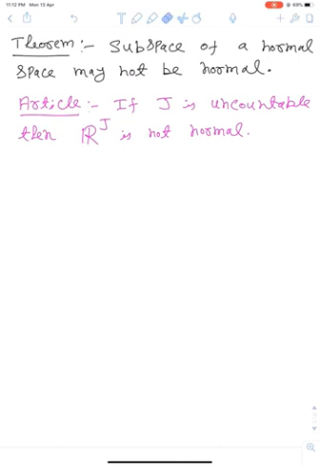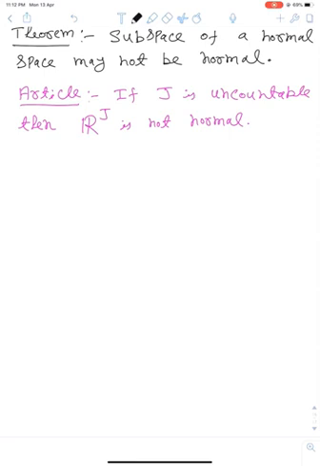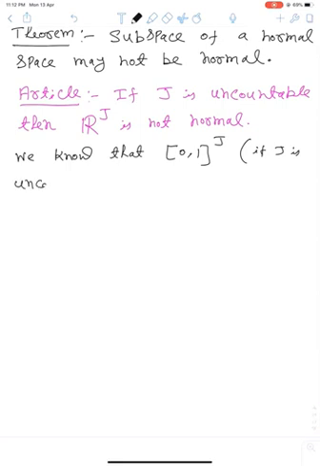So first of all, we know that the closed interval [0,1]^J, if J is uncountable, is compact.